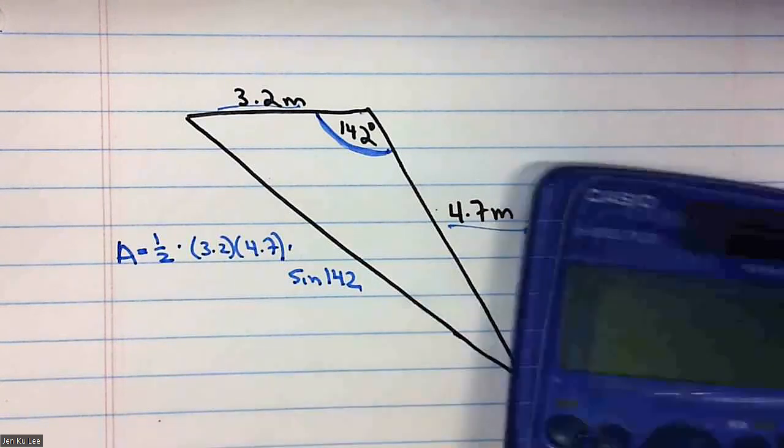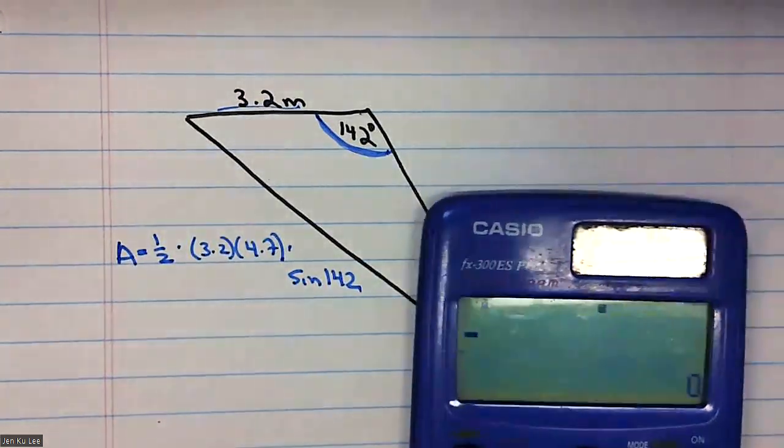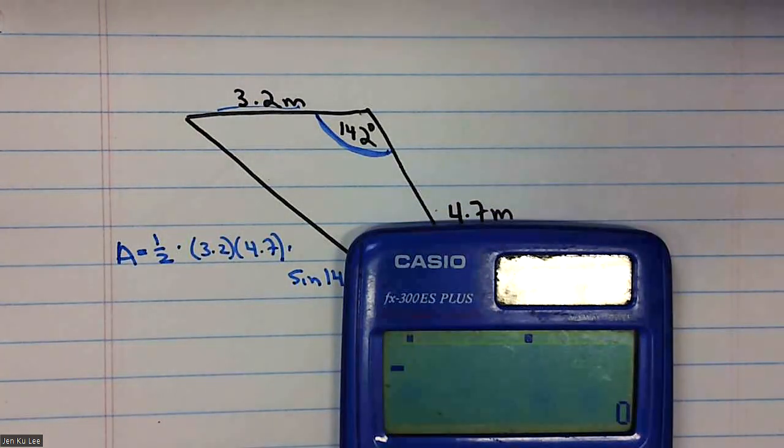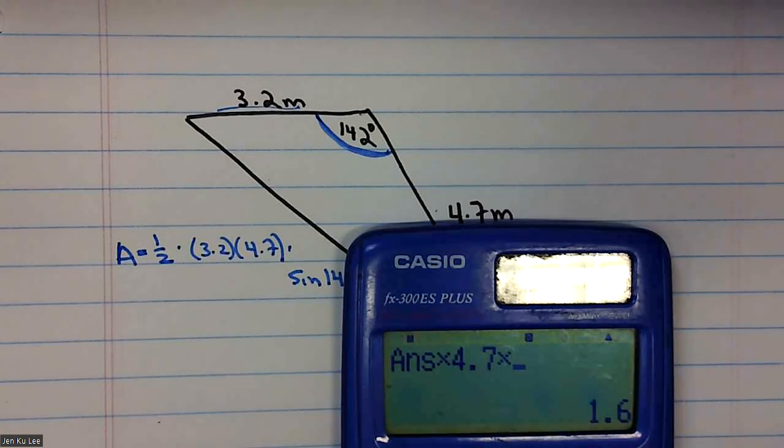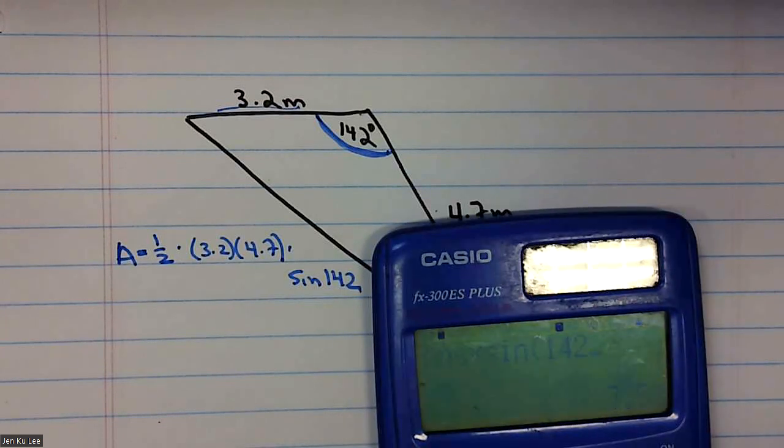So if I just do that on my calculator here, 0.5 times 3.2 times 4.7 times the sine of 142.